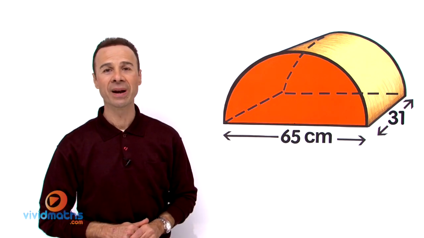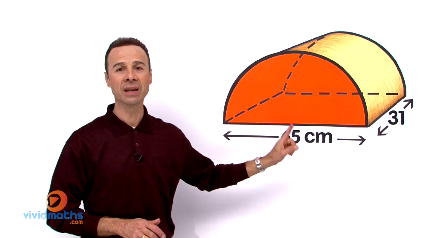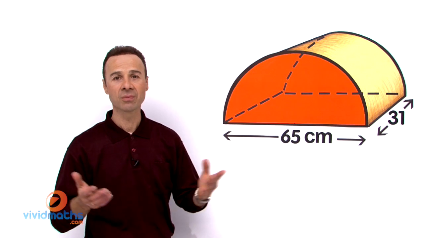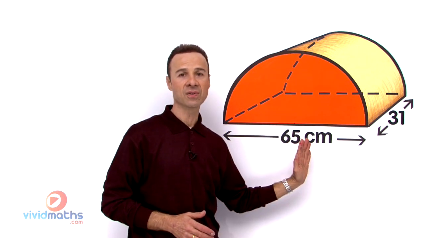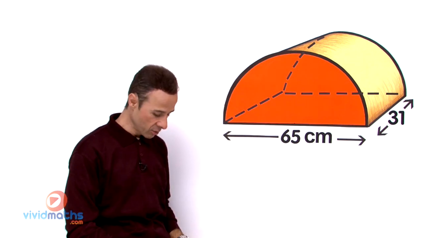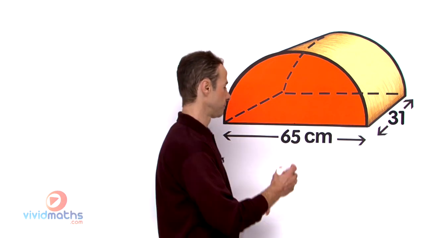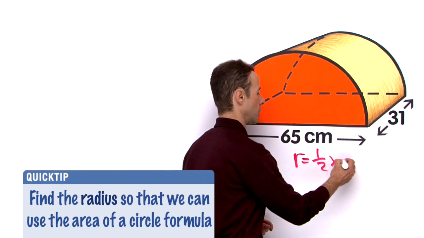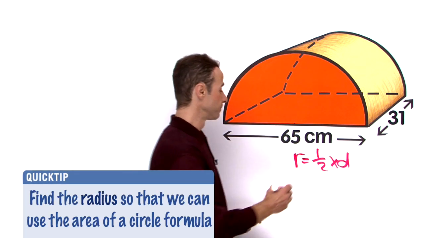So let's go to step number one. Again, that's to find the radius. Now there's our diameter. What is it? 65. So half of that is going to give us the radius. From the center, R equals half times diameter.